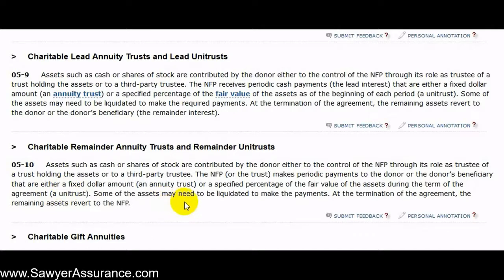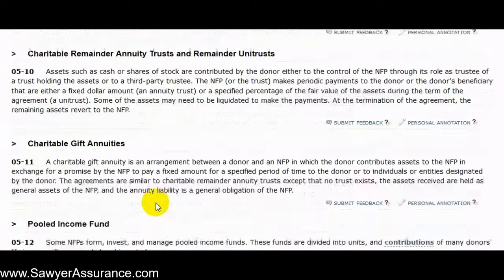What makes this different from the lead trust is that being a remainder trust means the not-for-profit gets the remaining assets at the termination of the agreement. With the lead trust, the not-for-profit got the assets during the term of the agreement, and with a remainder trust, the not-for-profit gets the remaining assets at the end of the agreement.